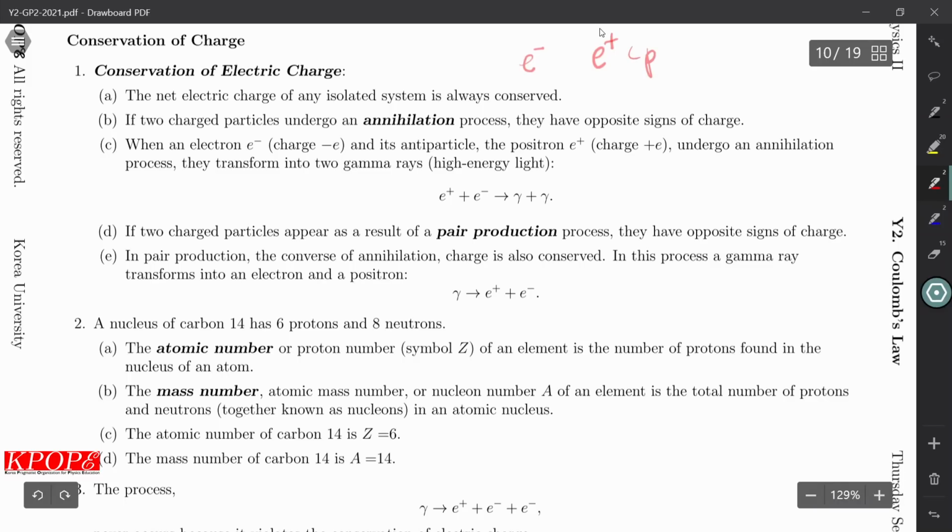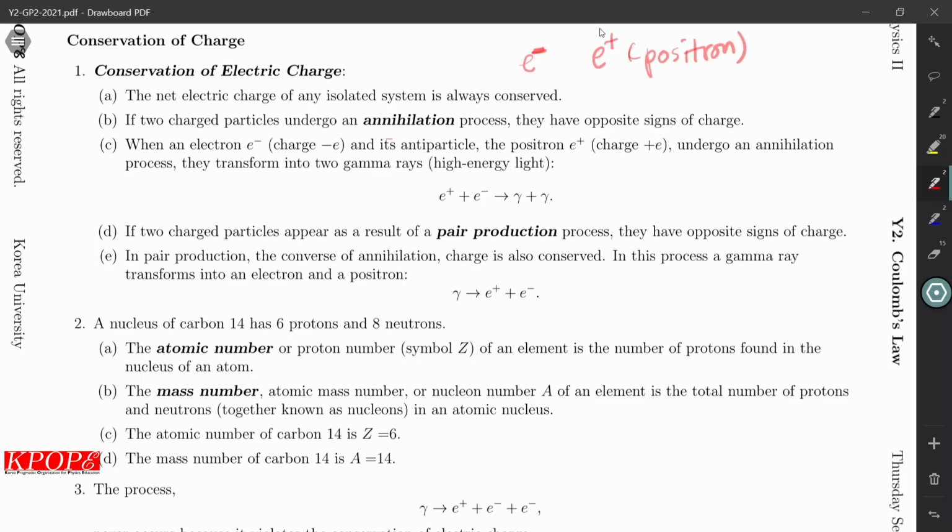And e plus is called the positron. Positron is the same as electron, except that the electric charge is positive instead of negative. So these two particles are antiparticles. Antiparticles means that if they collide, they disappear. They become electrically neutral if they annihilate.